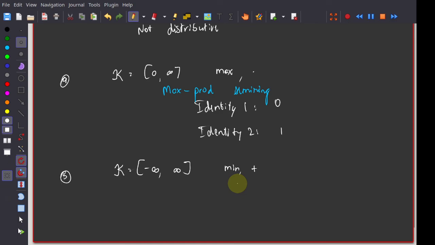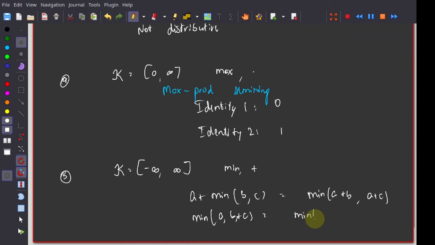So if you look at the distributive law, what we're saying is that A plus min of B comma C is equal to min of A plus B comma A plus C. We are not saying that min of A comma B plus C is equal to min of A comma B plus min of A comma C. Right?